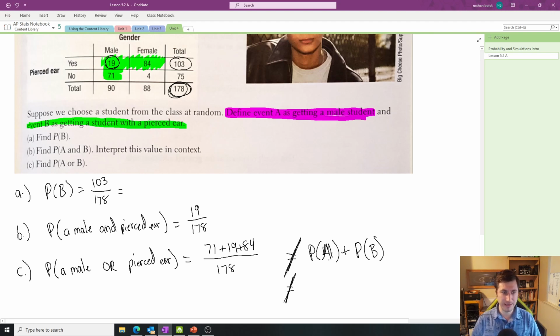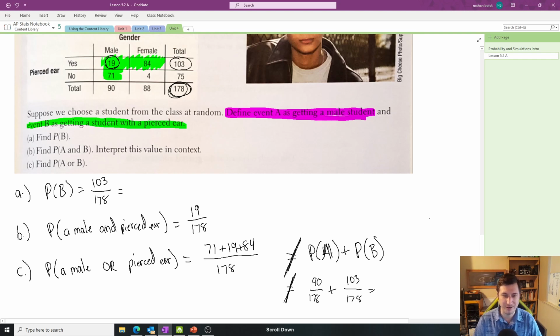the probability of A, which is a male student, 90 out of 178, plus the probability of B, which is 103 out of 178.